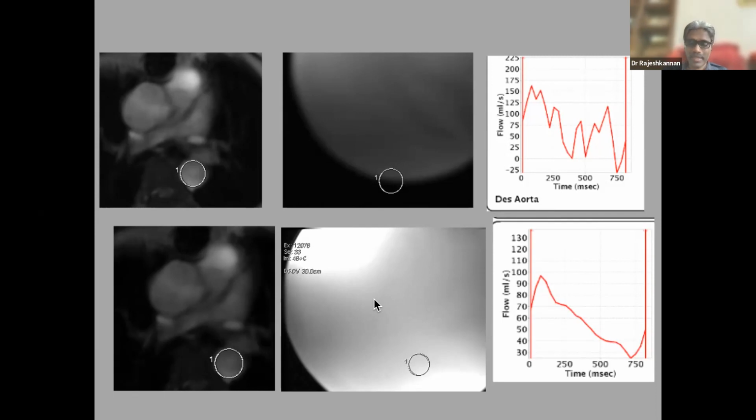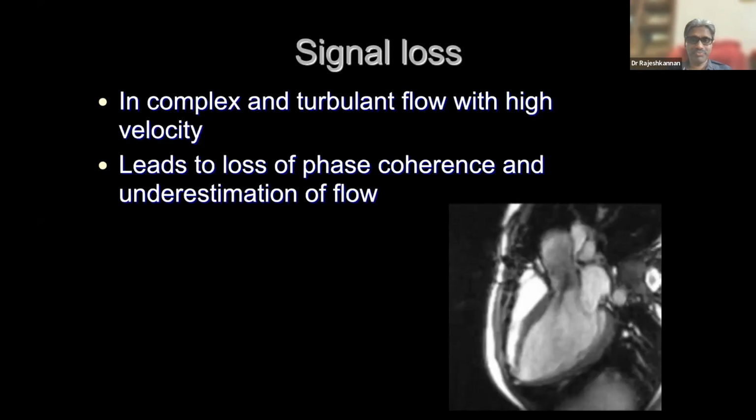So the best practice is that there is no need to use phantom correction. If you can use good shimming, and there are not many metallic artifacts, the conventional PC imaging is more than sufficient, and it's very difficult to correct these phase offset errors.